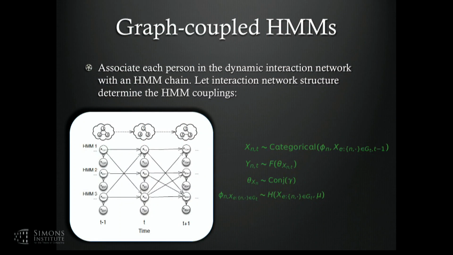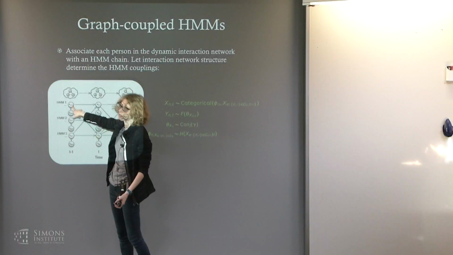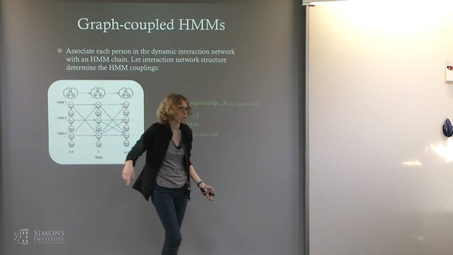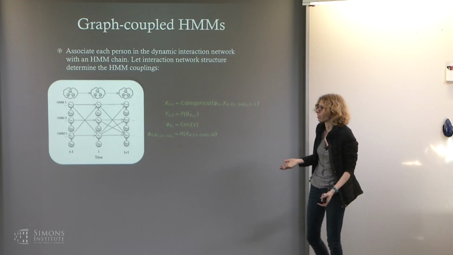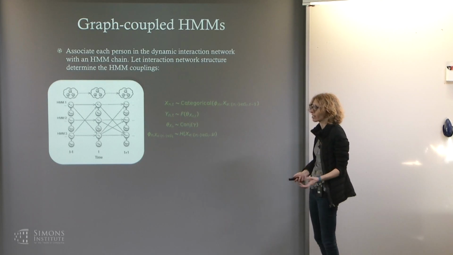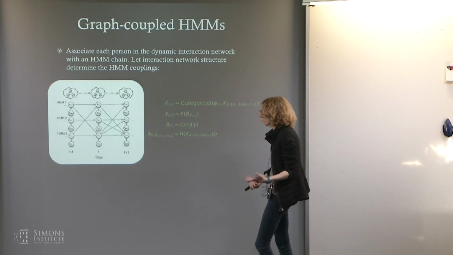You take the chain and you associate each chain with each person in your network, and you look at them interacting over time. Whether a person is sick or healthy in the future depends not only on whether they were sick or healthy at the previous time step, but whether they interacted with people who are sick or healthy, right? So you could imagine that if you've interacted a lot with sick people, your chances of having contracted an illness like the flu goes up dramatically.